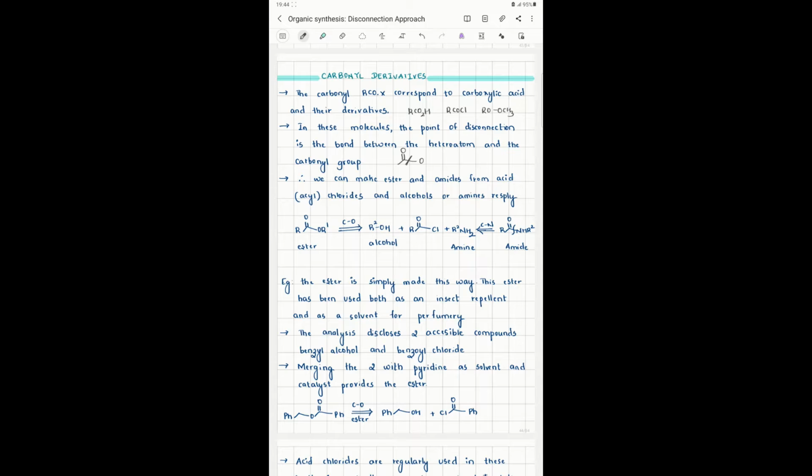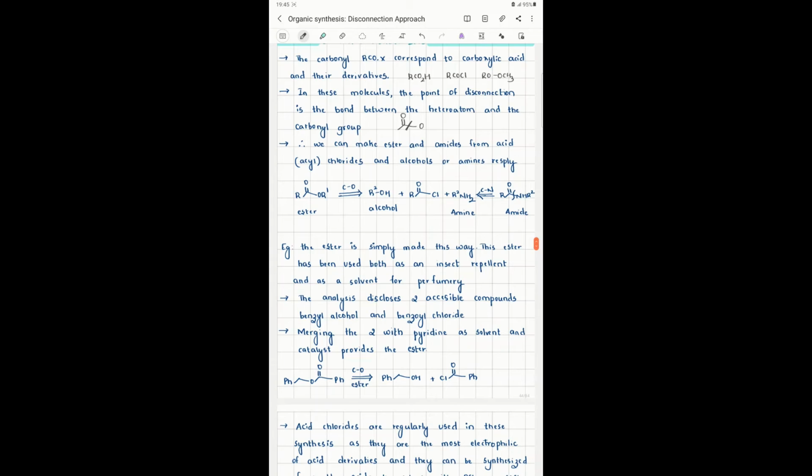So how do we synthesize an ester? An ester can be synthesized by reacting a carboxylic derivative with an alcohol, giving me RCOCl, RC double bond O, Cl, or OCH3, or an amide can be synthesized as RCONH2. Acyl chloride can be RCOCl.